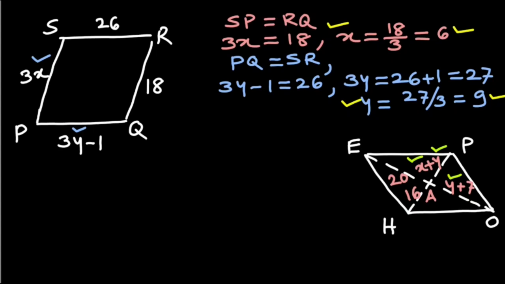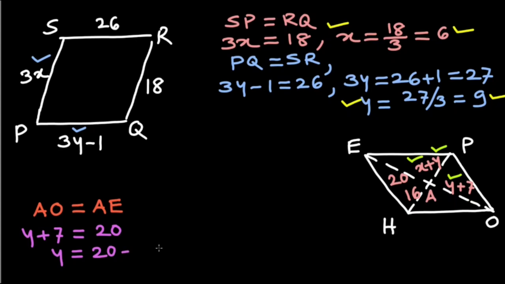We have learned that diagonals of a parallelogram bisect each other. Therefore, we write AO equals AE. So that will be y plus 7 equals 20. So that gives us y equals 20 minus 7, which is 13.